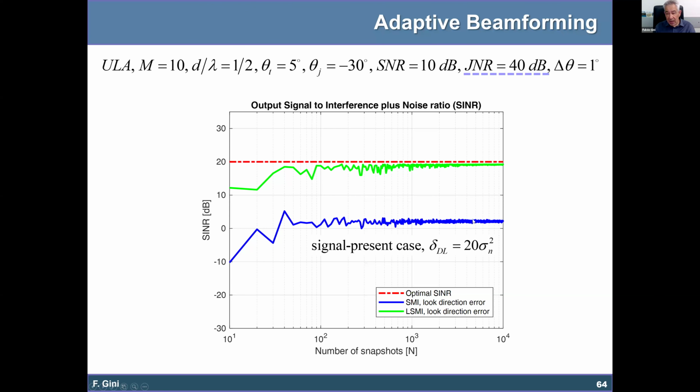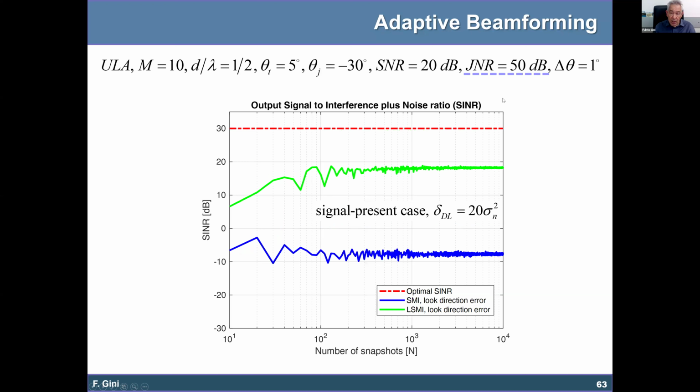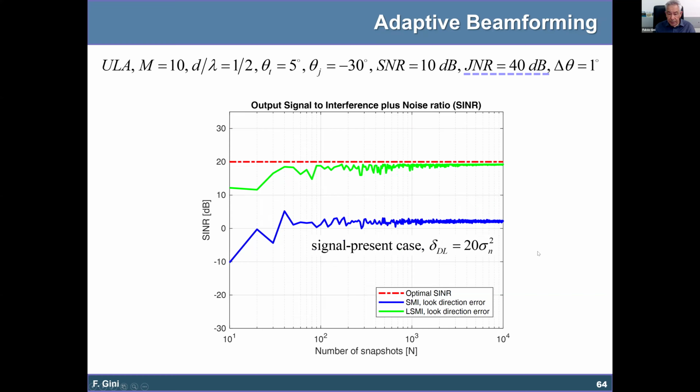And this is another scenario, where the geometry-noise ratio is different. So depending on the value of all the parameters, you can get more or less closer to the optimal one.